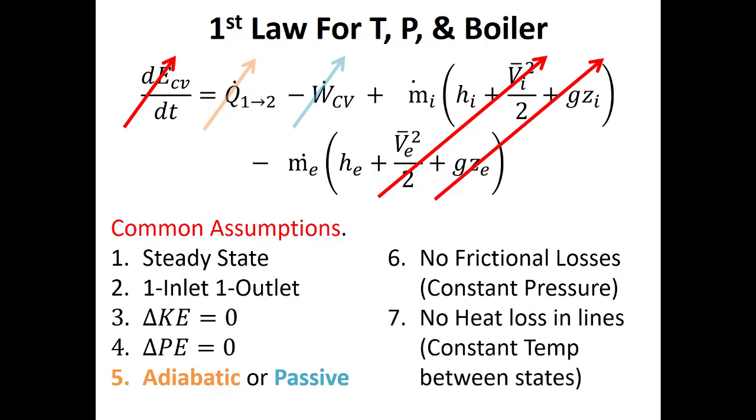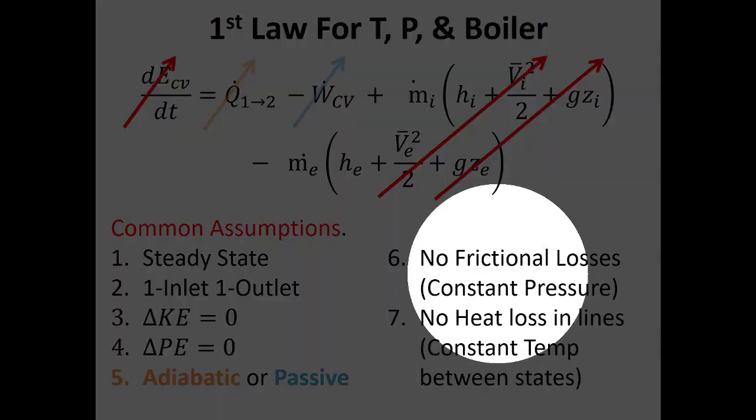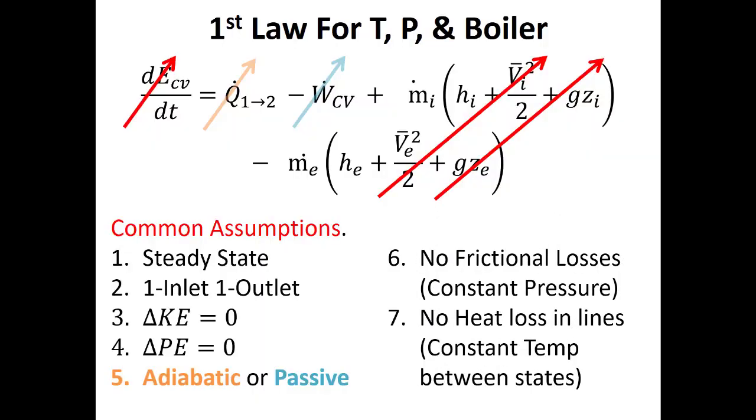We do this because we want to fix fewer states. So we don't want the exit of the first turbine to be a different state than the inlet to the reheat process. I think there's one homework problem where they don't neglect these things. They take these things into account, and it means you have to fix a lot more states, right?